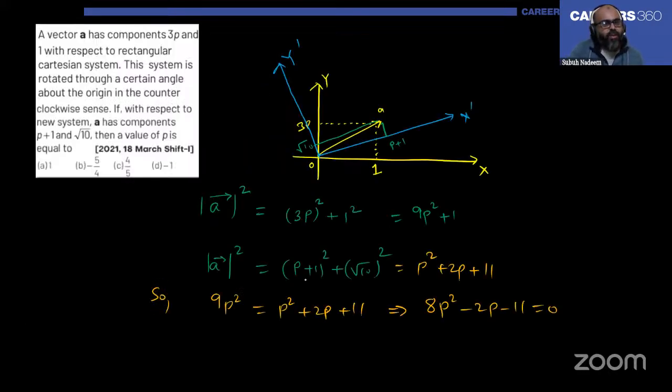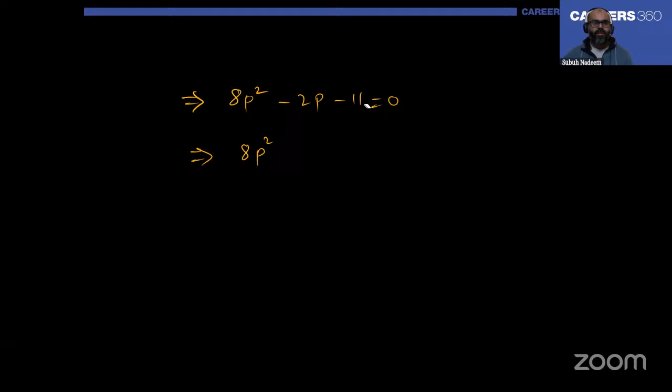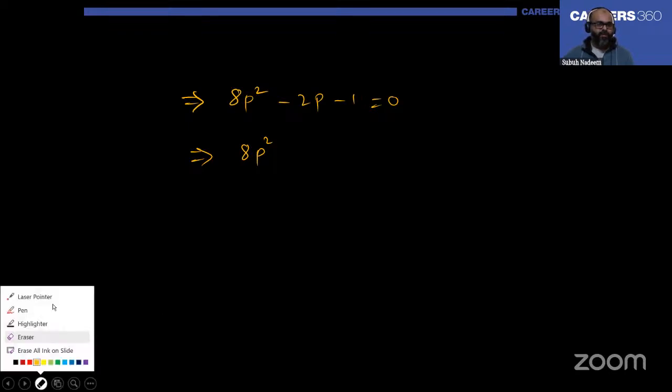Okay, here we got p plus 1 and root 10. Oh, one small mistake which I have done here. It is 9p square plus 1, so it is plus 1 here. So in that case, instead of minus 11, it will become minus 10. And here also, instead of minus 11, it will become minus 10.